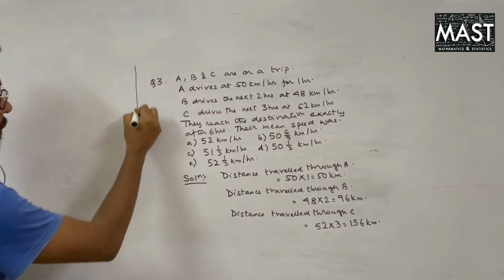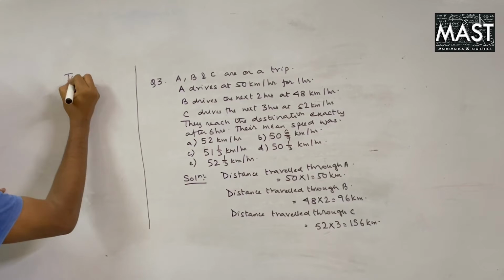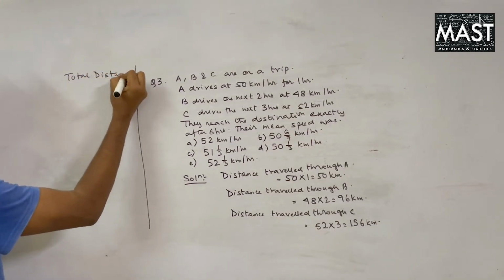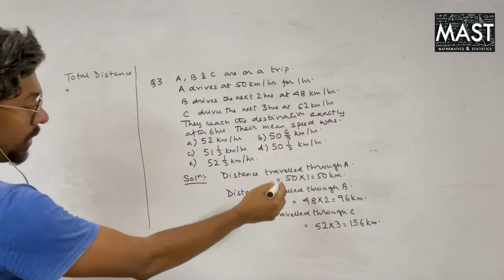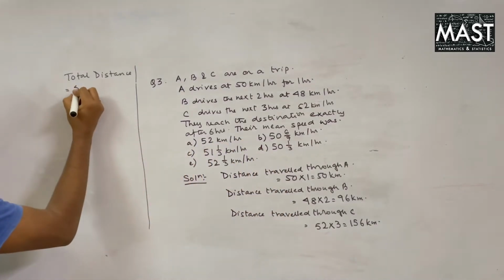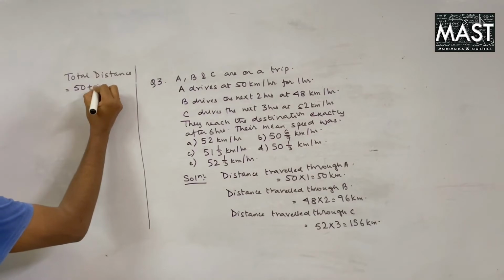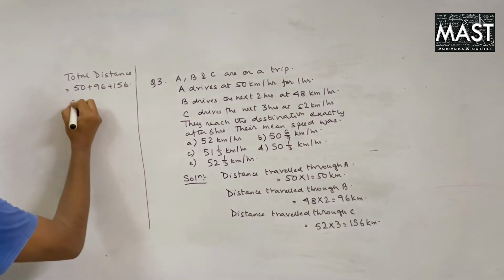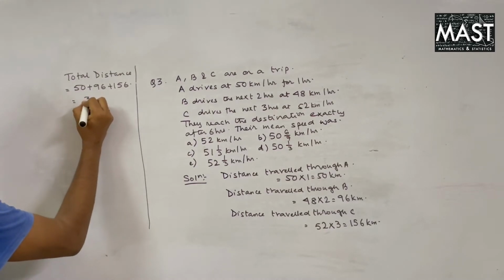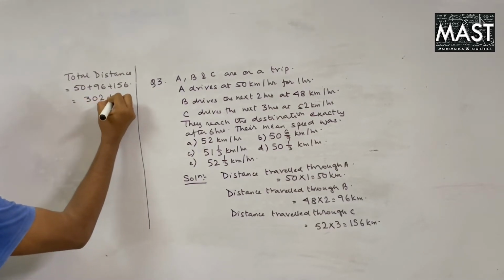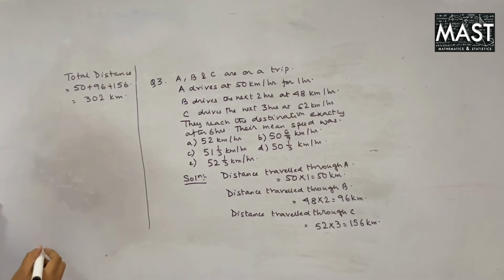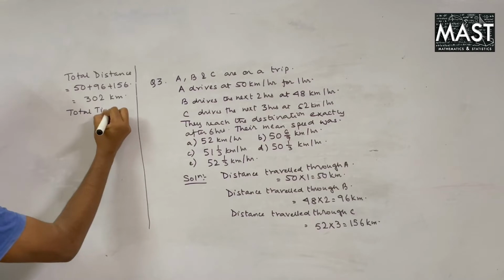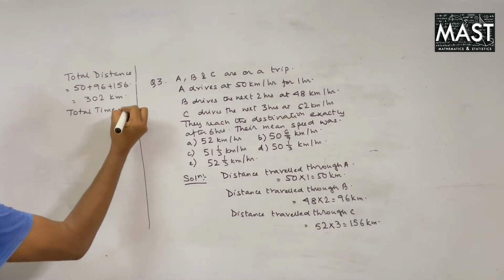So now, total distance. What will be the total distance? Total distance is the distance traveled through all the three, which is 50 plus 96 plus 156, which is 302 kilometer. Total time equals 6 hours.